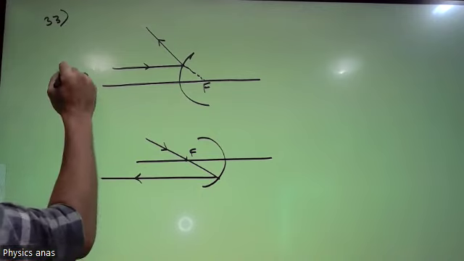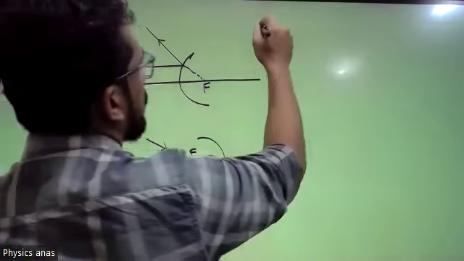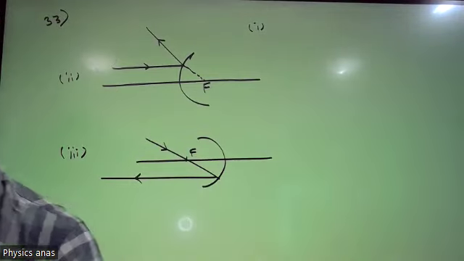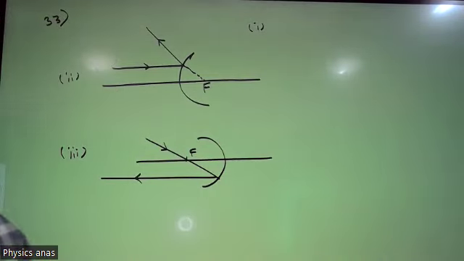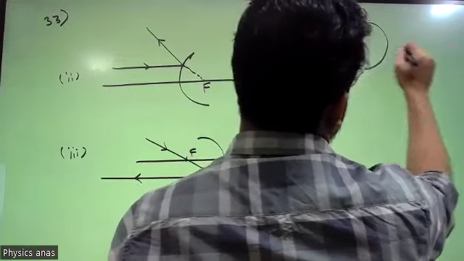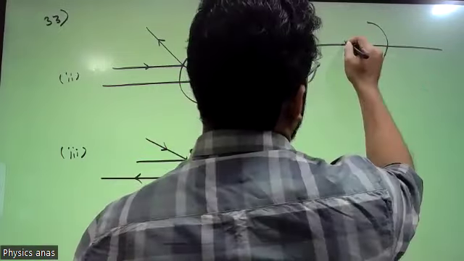This is the second figure, and this is the third figure. And what was the first figure? A ray passing through the center of curvature. The mirror is a concave mirror, this is the principal axis, and the center of curvature is here.